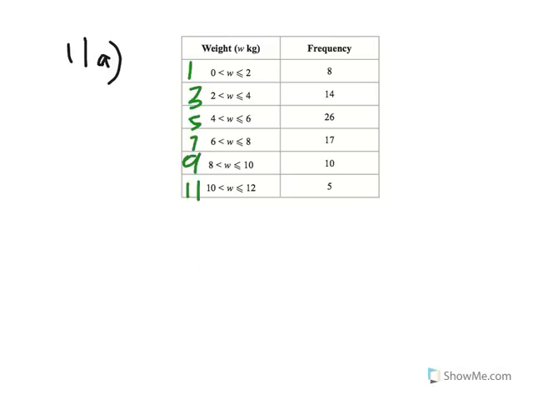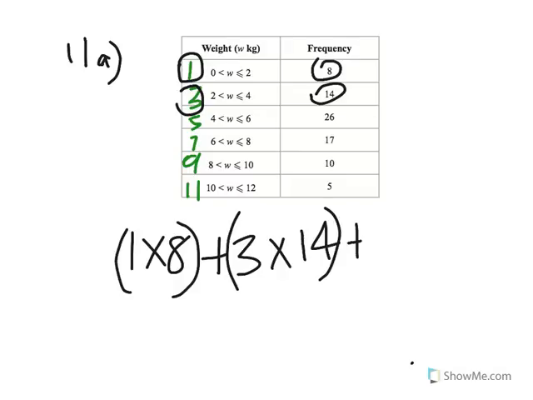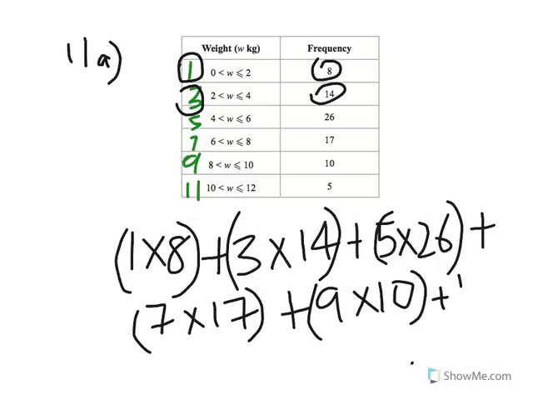Now we just have to find the total weight. So all we take is this weight we found, multiplied by this frequency. So 1 multiplied by 8. Then we add it to the next weight, being multiplied by the other frequency. So added to 3 multiplied by 14, and this is added to 5 multiplied by 26, and this is added to 7 multiplied by 17, and this is added to 9 times 10, and this is finally added to 11 times 5.